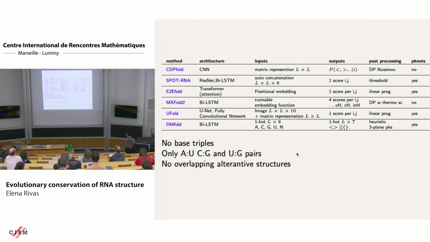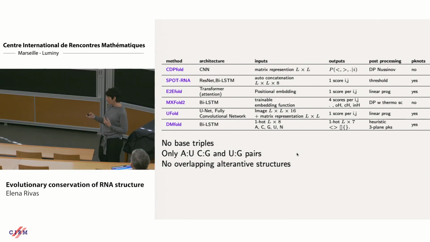The inputs have different embeddings or representations, and the outputs also are variable. Usually you get information about whether something is base paired with something else, and some of them need post-processing in which you put the information through one of the folding algorithms or not. Some of them allow pseudoknots or not. None of them allow triplets, none of them allow noncanonical base pairs, and definitely not overlapping structures.